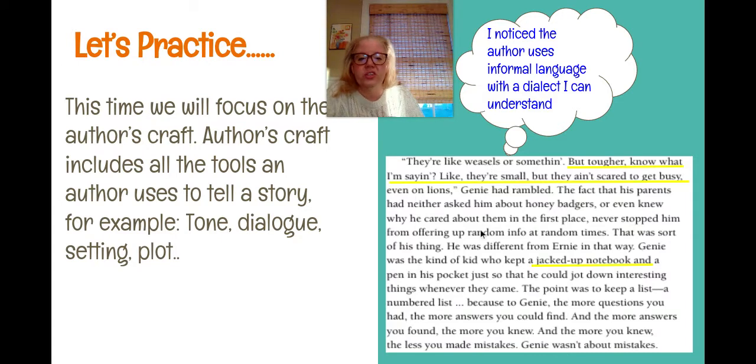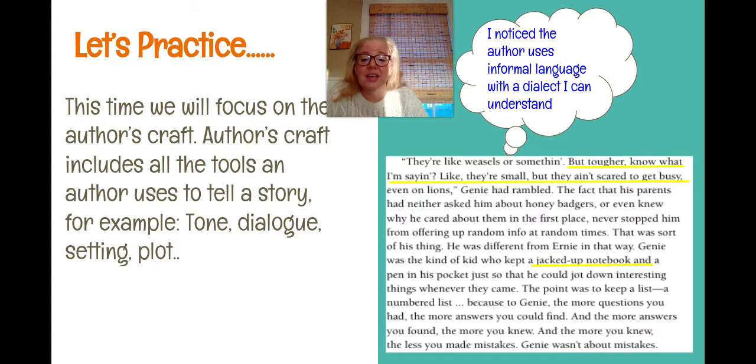They're like weasels or something, but tougher. Know what I'm saying? Like they're small, but they ain't scared to get busy, even on lions, Jeannie had rambled. The fact that his parents had neither asked him about honey badgers nor even knew why he cared about them in the first place never stopped him from offering up random info at random times. That was sort of his thing. He was different from Ernie in that way.